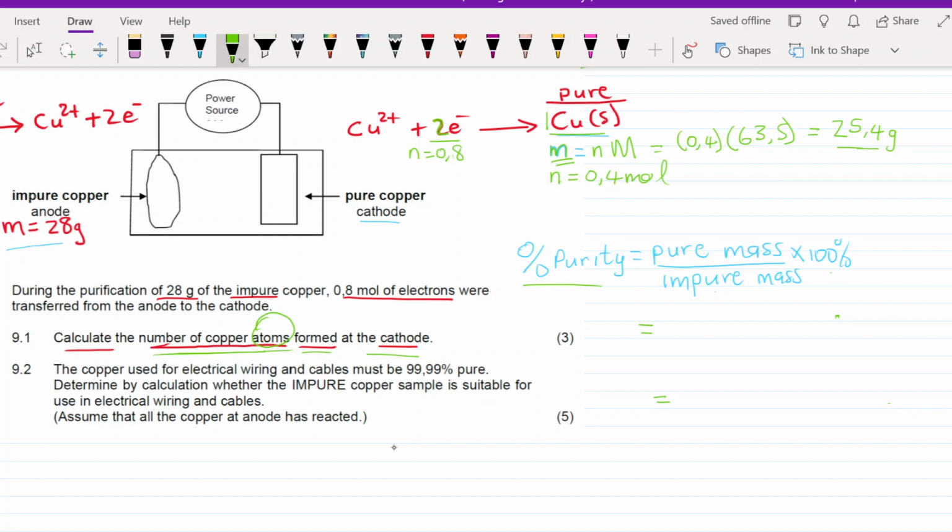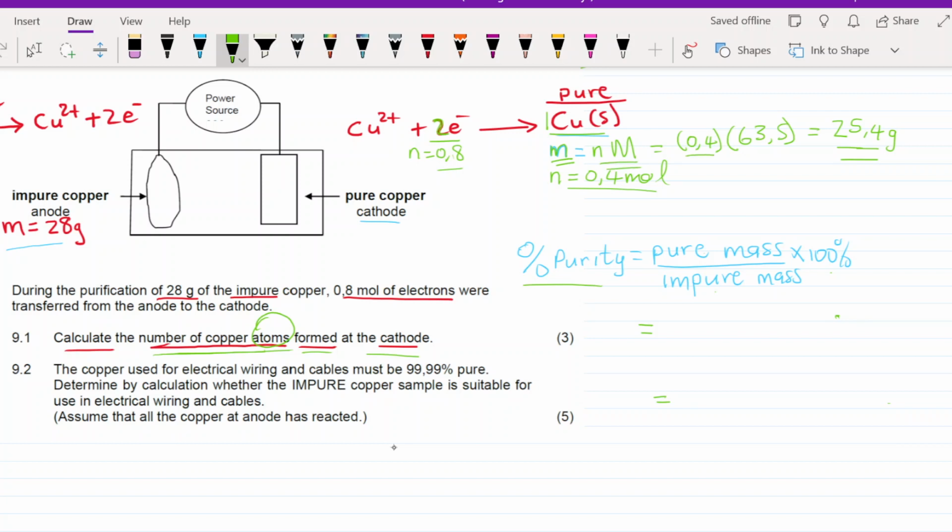Okay, let me quickly redo it here. So we did now manage to find the mass of the pure. Remember, we had the number of moles of the electron. We equated it with the number of moles of the copper atom. Because this is 1 or half of that one, we divide 0,8 by 2 to get 0,4. Then we use this formula to get the mass.